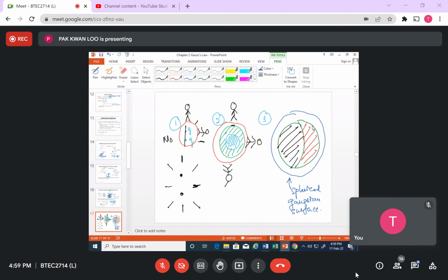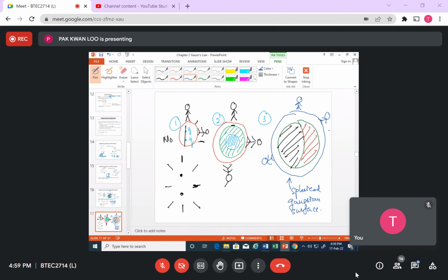So again, if you stand here and if you stand here, the charge distribution is going to be different, because if you stand here, the charge distribution is on the red hemisphere, and if you stand here, the charge distribution is on the black hemisphere. Therefore, a spherical Gaussian surface cannot maintain the symmetry property.